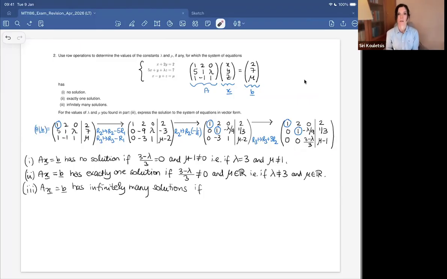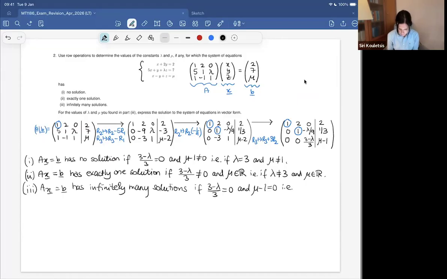So the entire third row in the reduced augmented matrix has to be 0. And so that happens if 3 minus lambda equals 0 and mu minus 1 equals 0, i.e. if lambda equals 3 and mu equals 1.